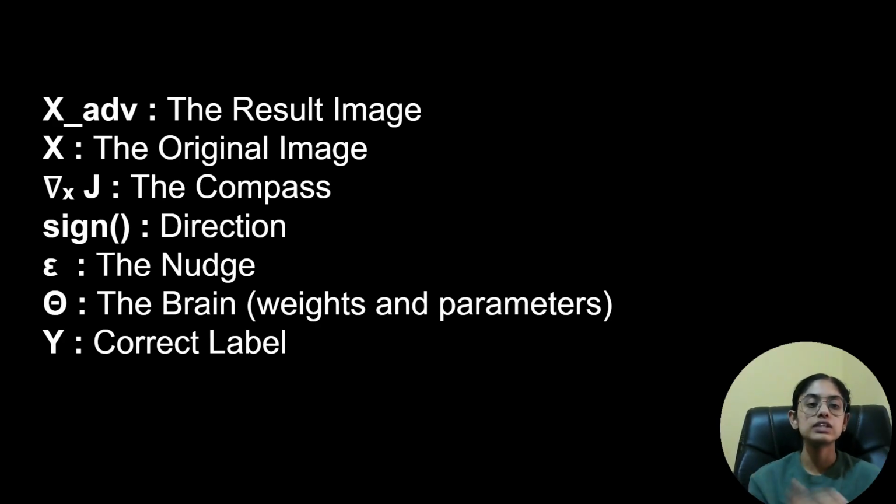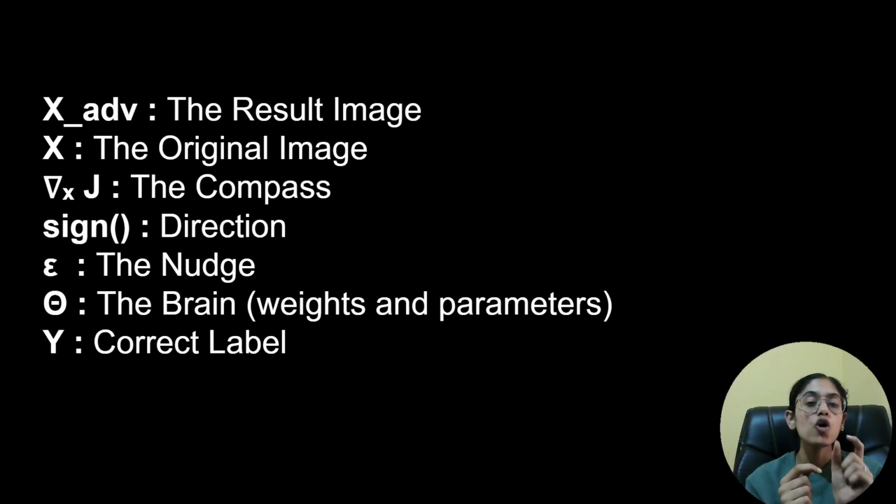Next is the sign function. Assume it as a direction. For example, if you are changing pixels, the sign will direct you to go to the next pixel, which can be right, left, up or downwards. Next is epsilon.